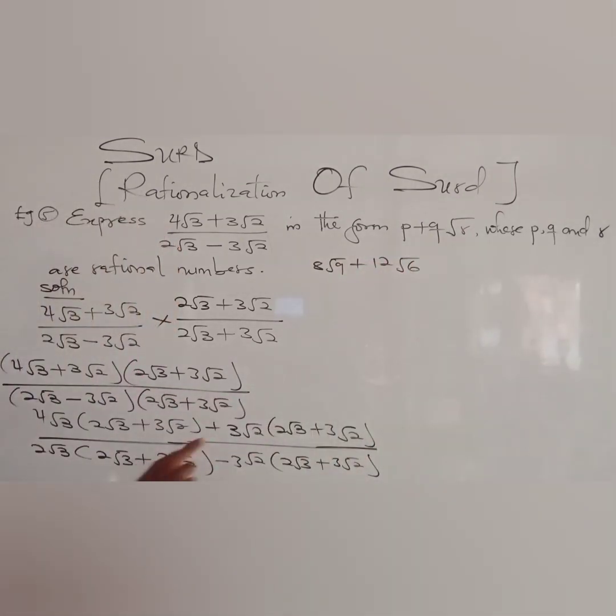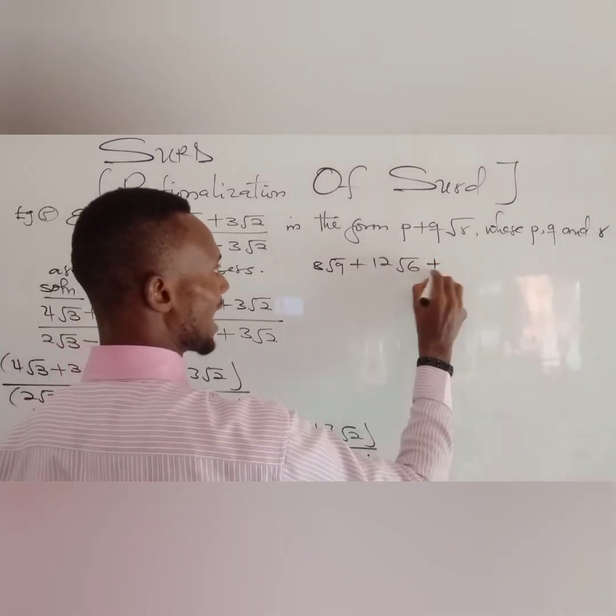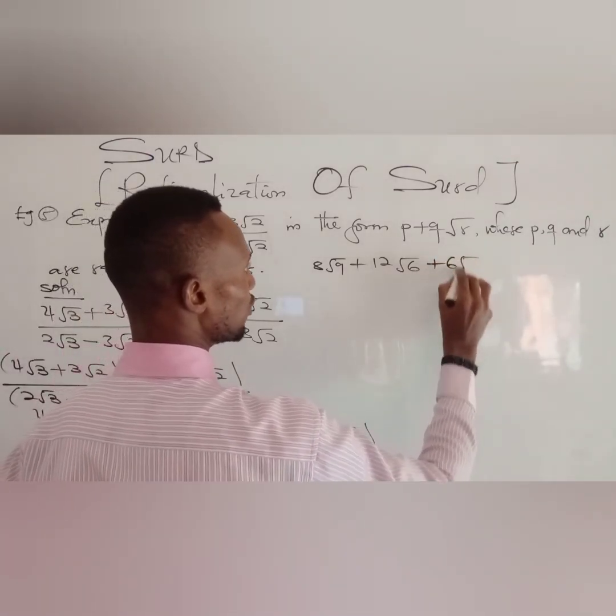Let's go ahead. This will also open its bracket by multiplying each term in the bracket. So this positive 3 root 2 will multiply each term in this bracket. So positive 3 root 2 times 2 root 3 is going to give me 6 root 6, and I hope you agree with me. So plus 6 root 6.